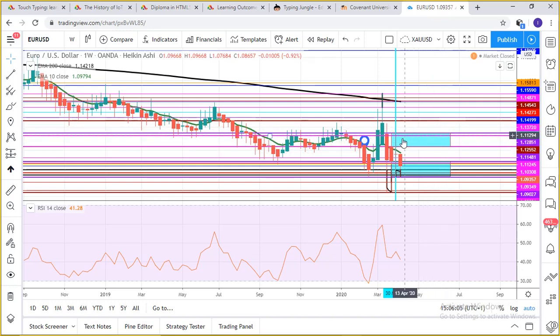Now, if the price tries to break through this point, and we have a breakthrough of a 30 minutes candle above this particular resistance, then the price is telling us that it wants to go all the way to this point. Otherwise, we'll see if the price makes it back to the lower zone and crosses here, and see if it's going to go further.